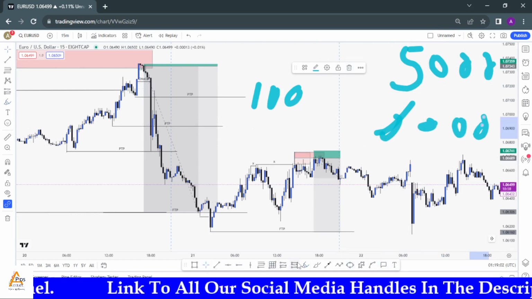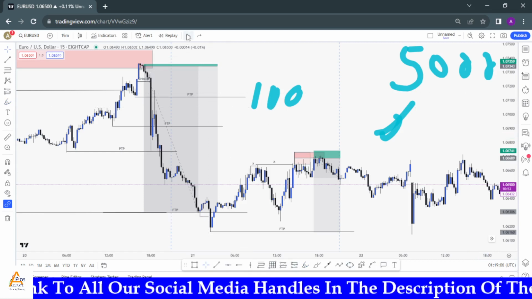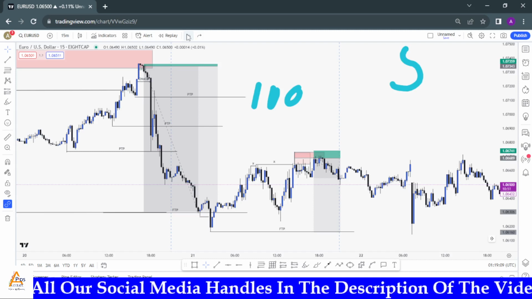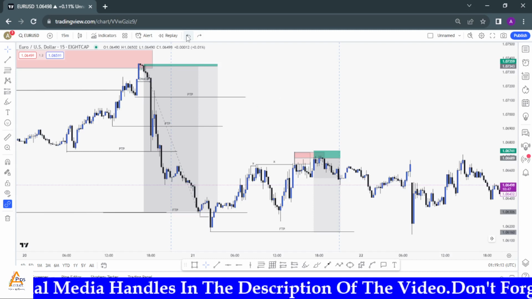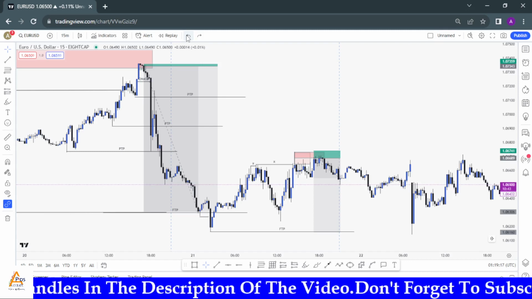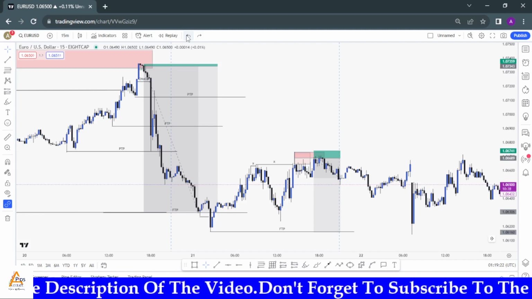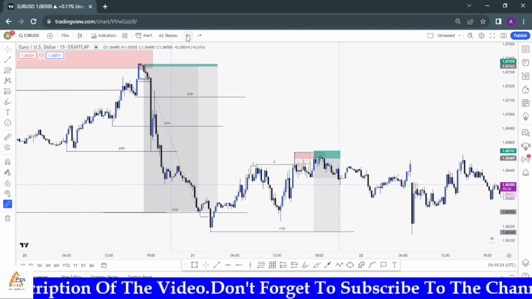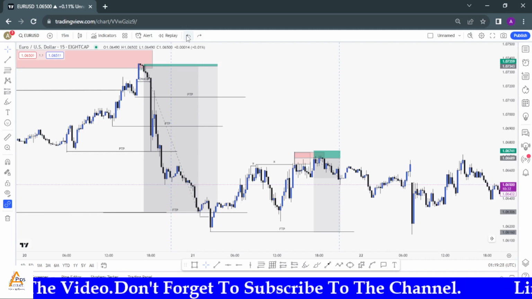But with prop firms, take note: before you start, make sure you master everything that I've taught you very well, because those guys have strict rules. If you don't follow the rules and you don't pass your challenge, the money you spent buying the challenge account is gone, and it will be used to pay serious traders like us who are winning.